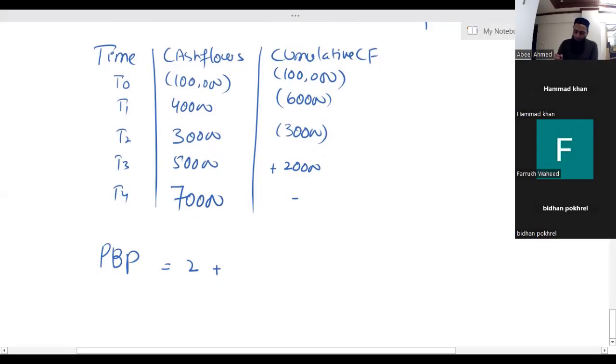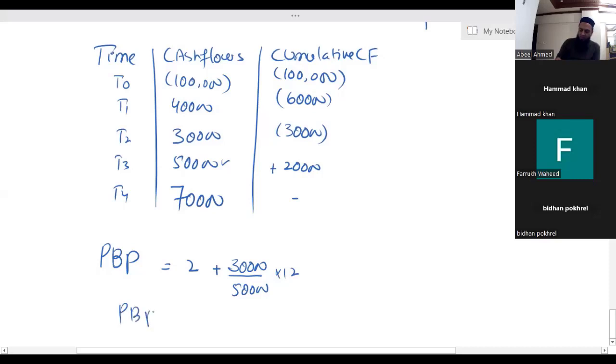So what do you have to do? Payback will take 2 years, plus whenever you are having a positive cash flow, it means you have reached the payback period. Now what to do? Take the negative cash flow which is just preceding the positive one, which is 30,000. Ignore the negative sign. Divided by this 50. If you multiply with 12, then your answer will be 2 years and some months.